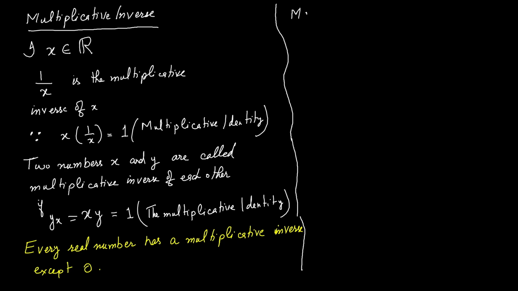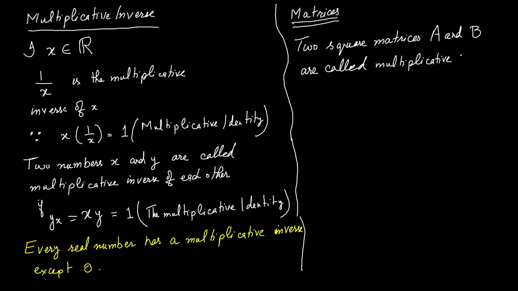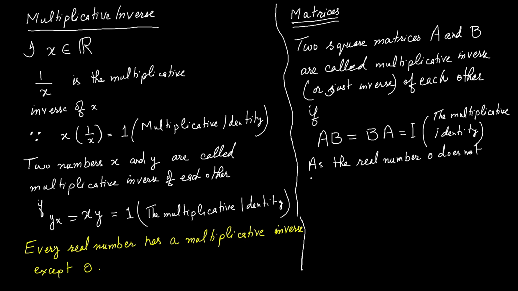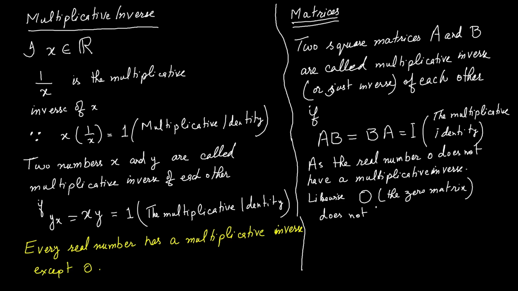What about matrices? Two matrices A and B are called multiplicative inverses of each other if AB is equal to BA is equal to the identity matrix. As the real number 0 does not have its multiplicative inverse, the 0 matrix does not have its multiplicative inverse as well.